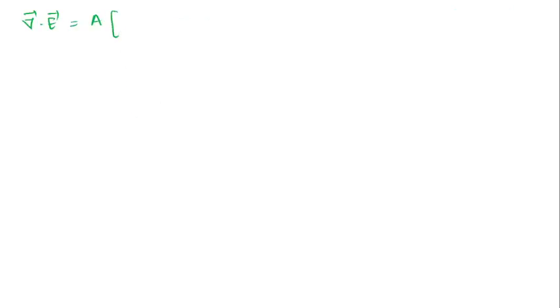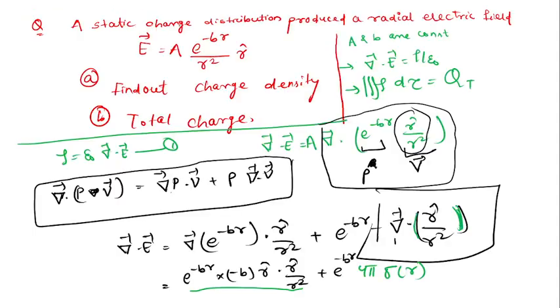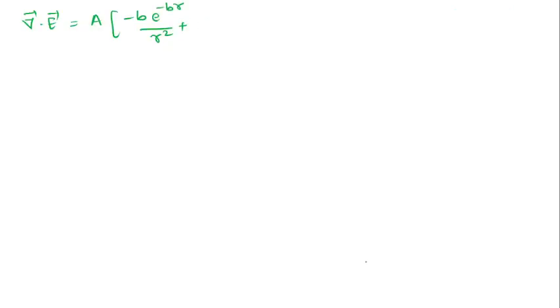So A into minus b e to the power minus br upon r square plus 4 pi delta of r e to the power minus br.